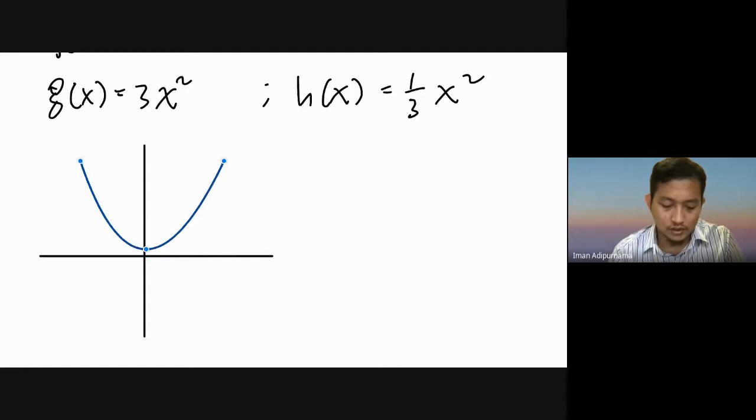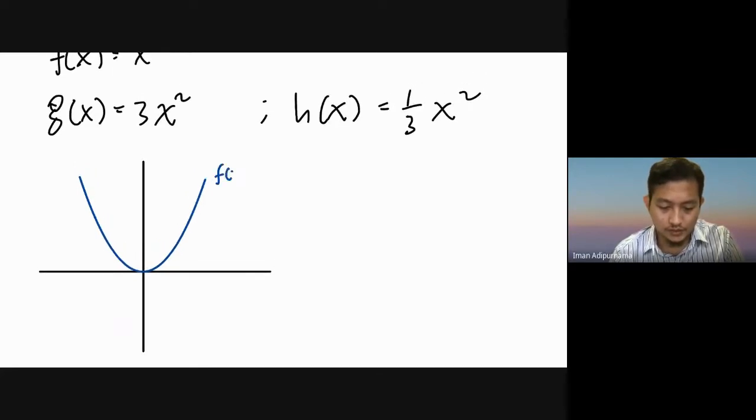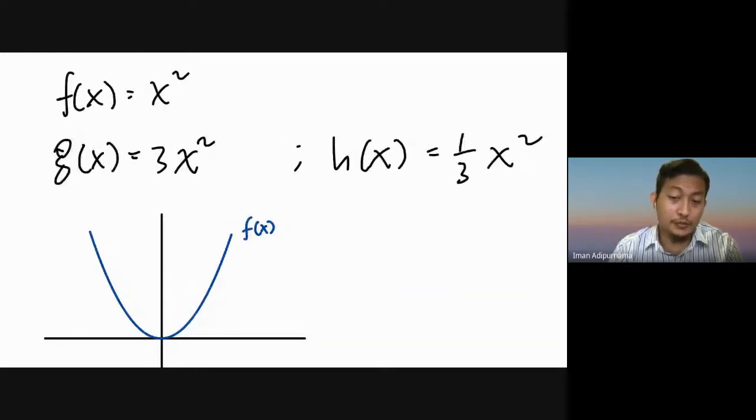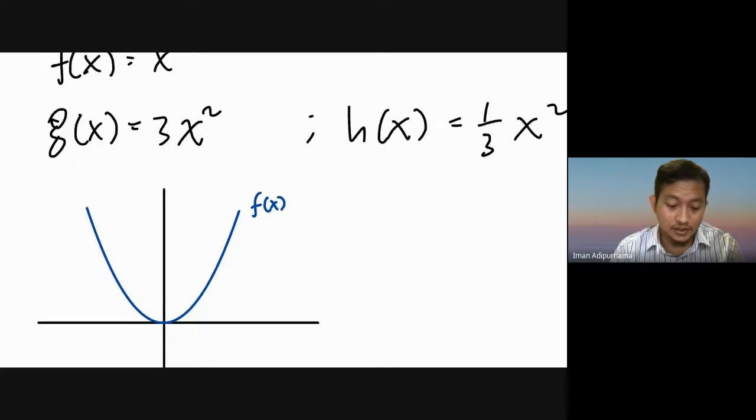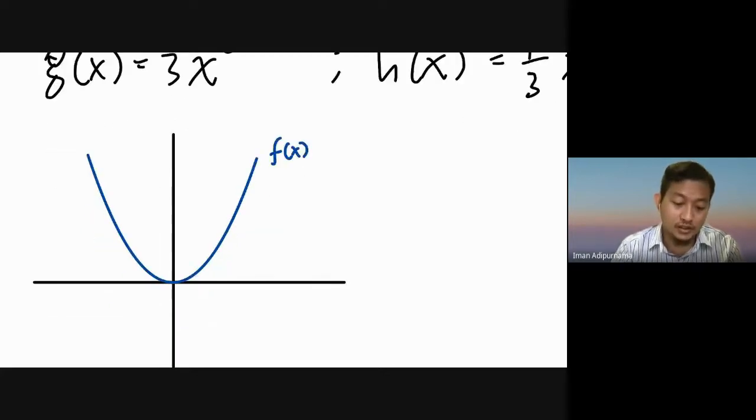Imagine this is the x squared. Let me write this is f of x. And then to stretch this function, imagine you are stretching the function vertically. Or you can try some simple numbers. For example, if you have 1, it becomes 3, right? But 0 is still 0. So 0, 0 is still on this point here.